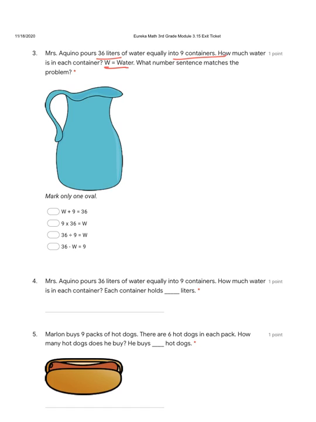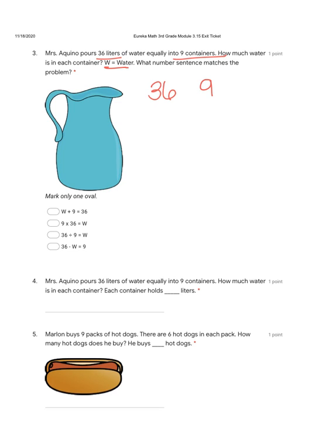What number sentence matches the problem? So they're not asking us how much water is in each container. They're saying, what number sentence can we use to solve this problem? So we know that there are 36 liters of water, and she pours them into 9 containers.